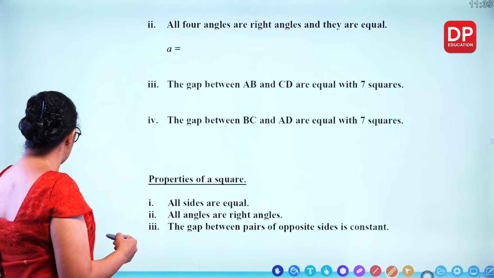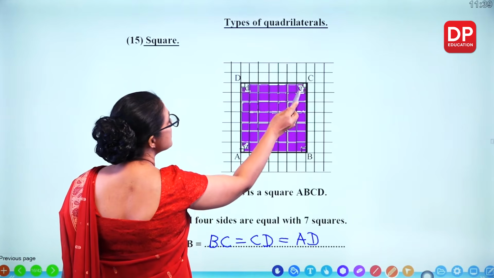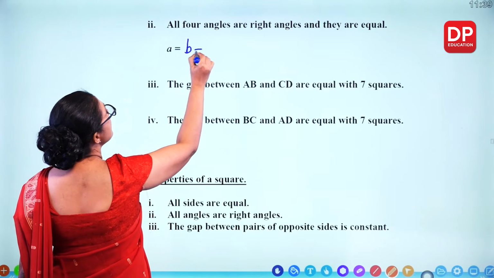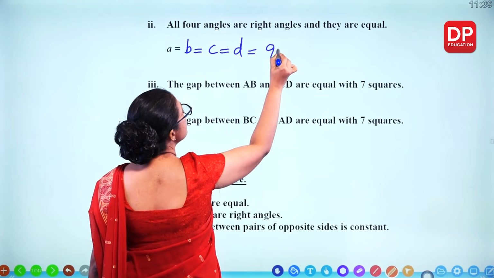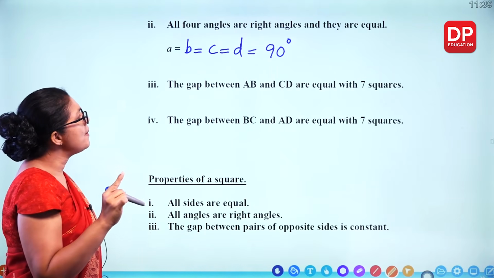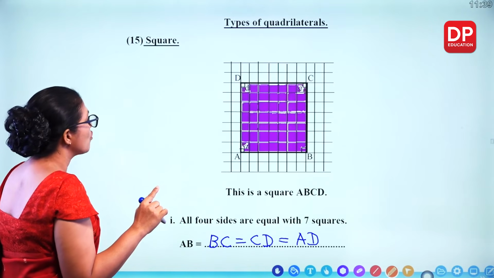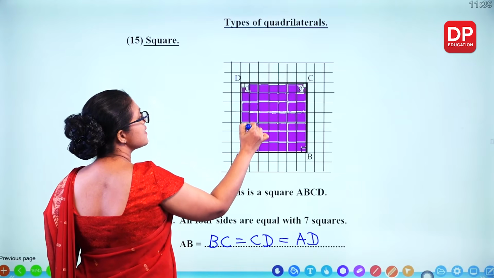So when you take the square ABCD, all angles are equal to 90 degrees. This is how you write 90 degrees. The gap between AB and CD is equal to 7 squares: 1, 2, 3, 4, 5, 6, 7.